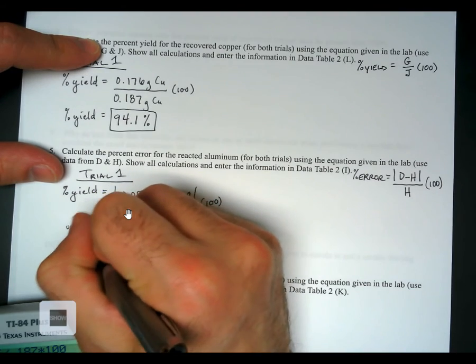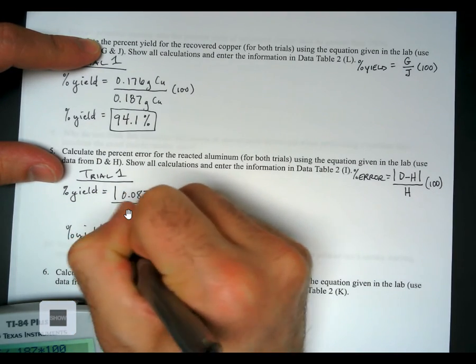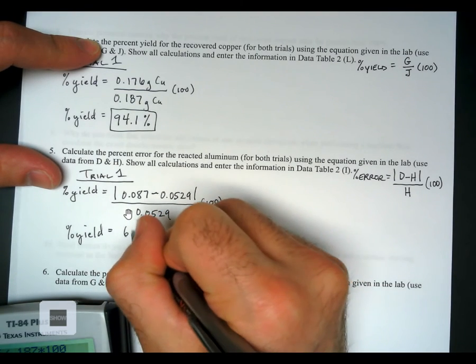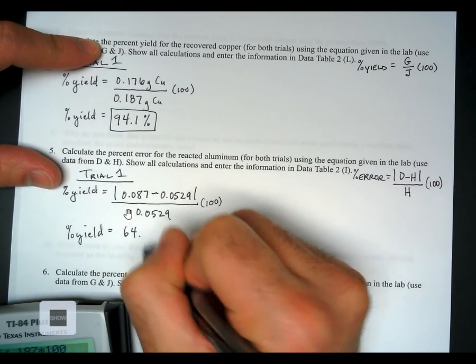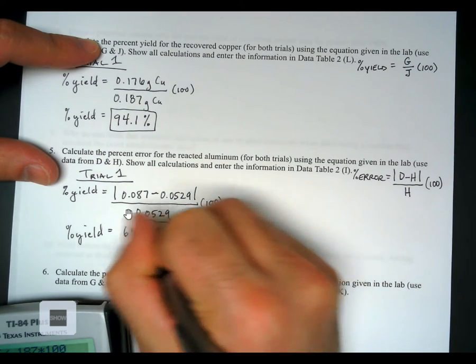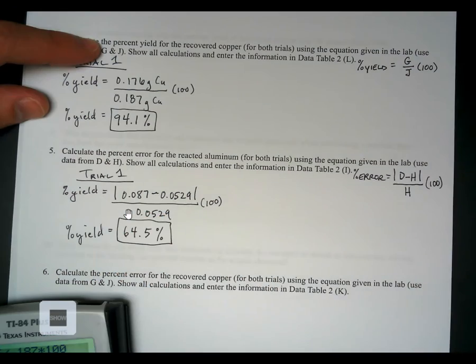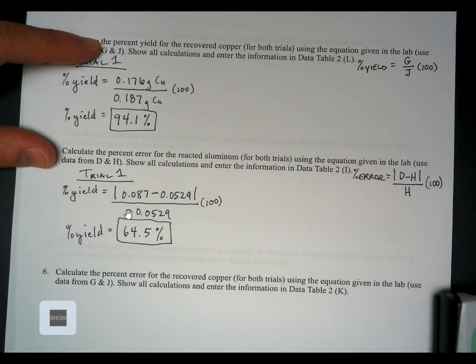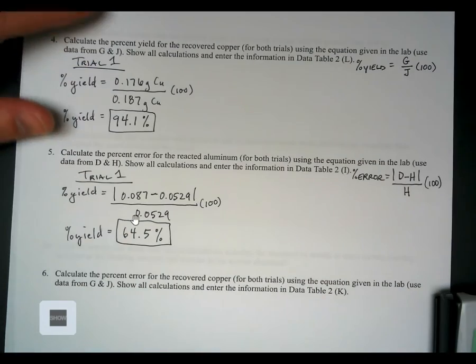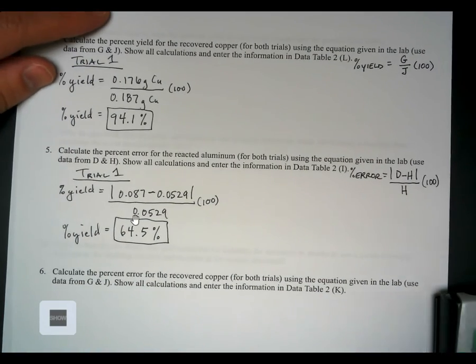So percent yield for the data that I have is 64.5%. Or percent, yeah, I'm sorry, thank you. That's percent error.